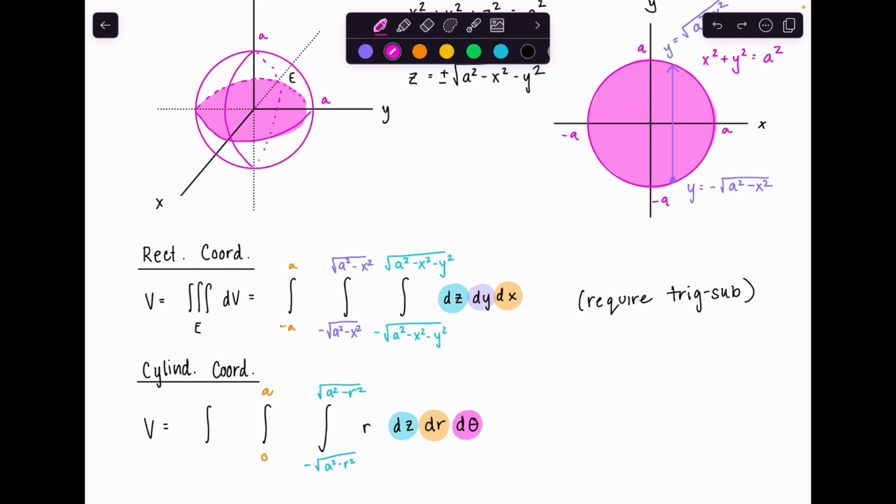So our theta will change between 0 and 2 pi. This one is more doable to actually go about, because you can integrate this with respect to z. You would have r z, and then you'd have these square roots. It's a little bit nicer because this would require u sub.